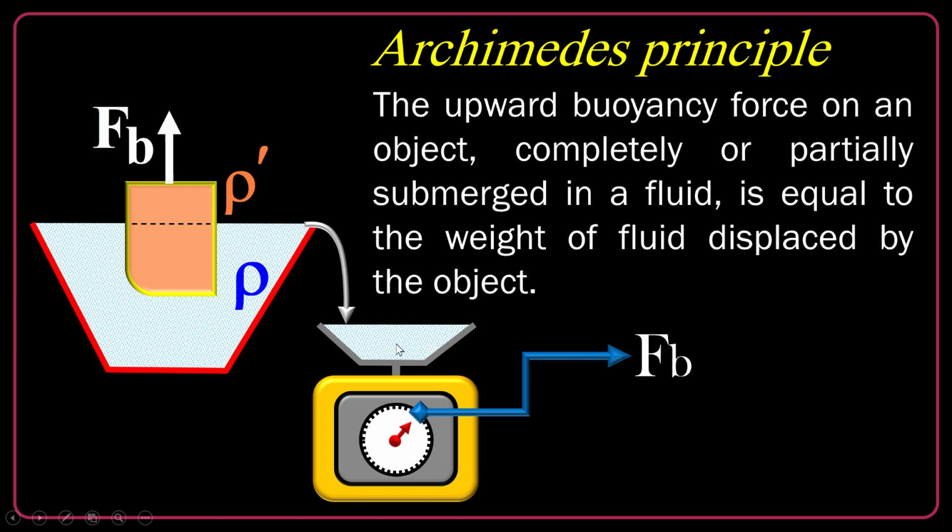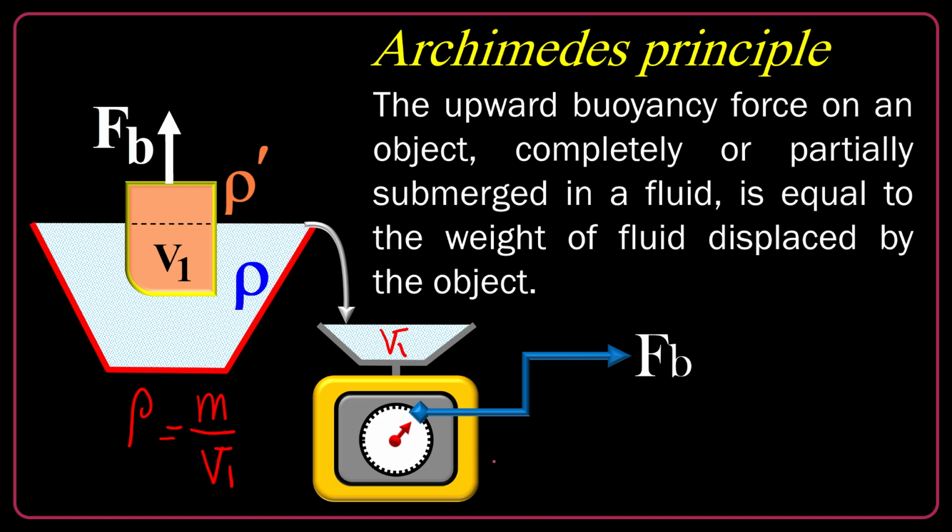How do we find the buoyancy force here? I mean the weight of the displaced liquid. It's very easy. Let's say the submerged part has a volume of V1. So I expect the displaced liquid to have the same volume, V1. On the other hand, I know that the density of the liquid is the mass of the liquid divided by the volume. The volume of the displaced liquid is V1.